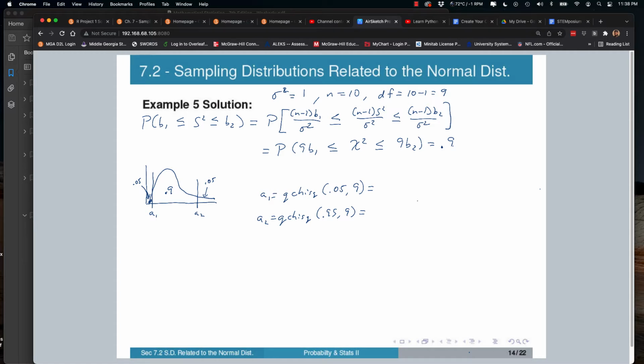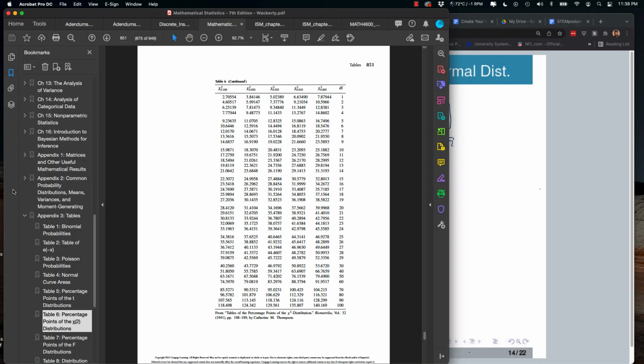So we can also use the table. Obviously, we've got 9 degrees of freedom, and we're interested in alpha equals 0.05, so let's see if we can find the values before we use the calculator.